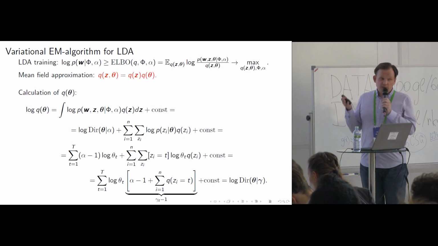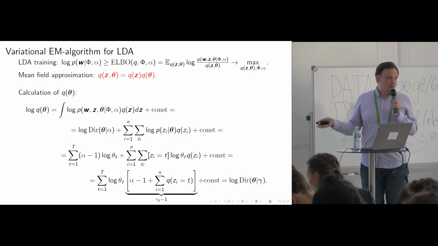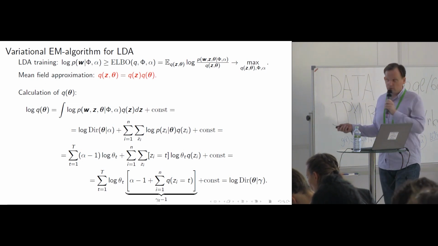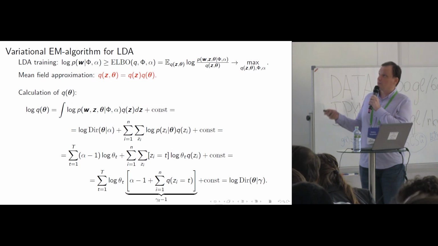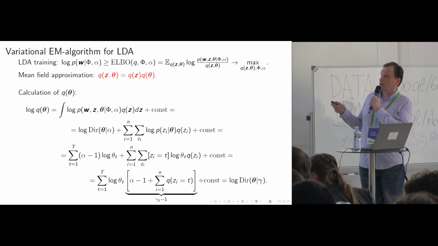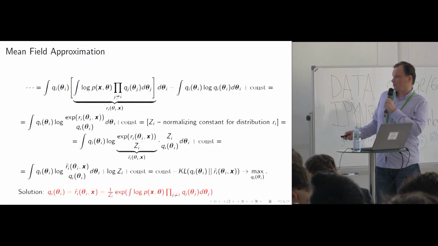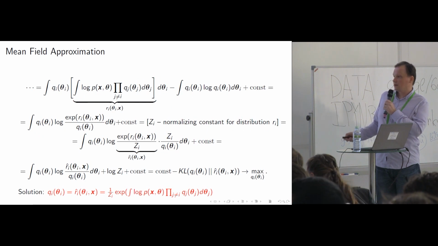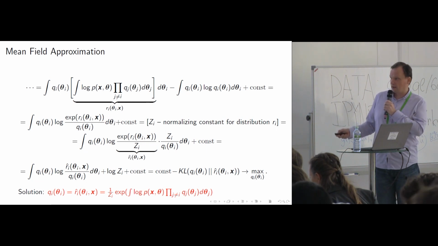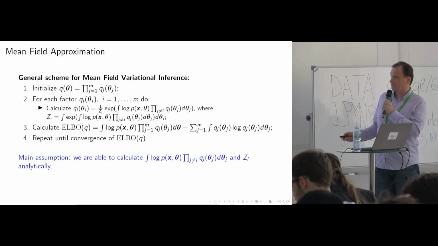Now let's apply the standard mean field variational formulas to find the update formulas for Q of theta and Q of Z. If I just remind you, what we need to do is take the log joint, integrate it with respect to all other factors, take an exp and normalize.